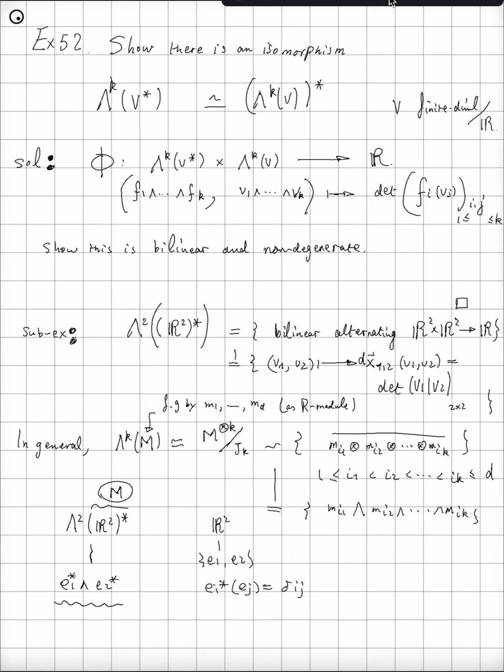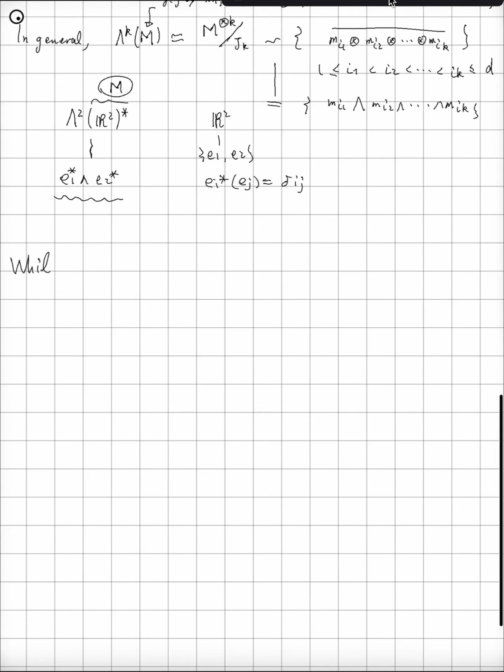The basis here is given by the determinant, while the determinant of v1, v2, putting out the column matrix, noticing that this actually corresponds to the map E1 star tensor E2 star minus E2 star tensor E1 star, as an element in the exterior square of the dual of R2.